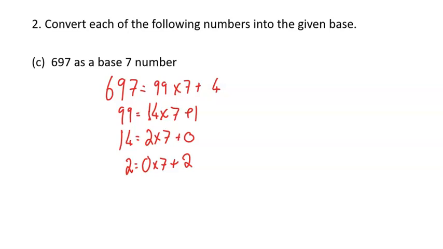That's the key thing. The quotient is 0. Then we read going up the way. So in this case, it's 2014 to the base 7. That number there, the 2014 to the base 7, converting it back to the base 10 system, again like we did previously, that'll give me an answer of 697. That's what it will represent in our number system.